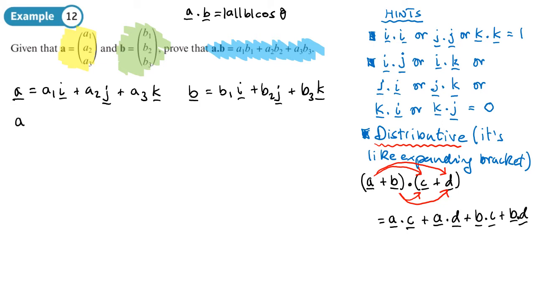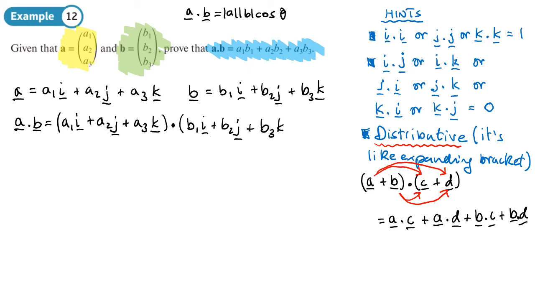Now that means that A dot B is equal to A1 i plus A2 j plus A3 k dot B1 i plus B2 j plus B3 k. Okay, now how are we going to deal with this?